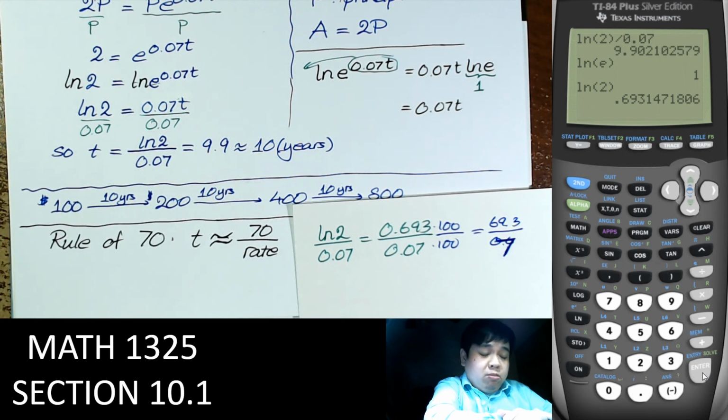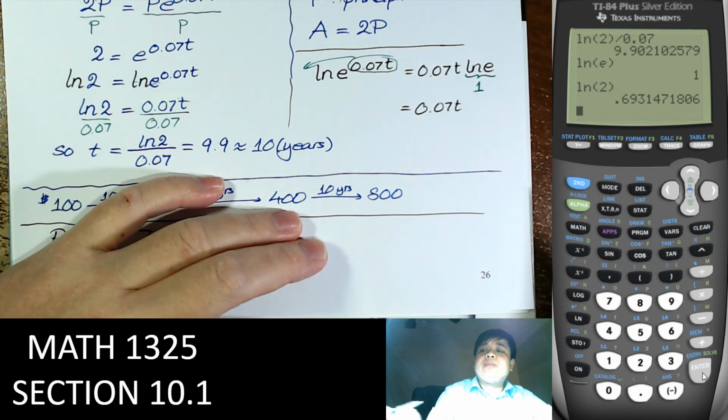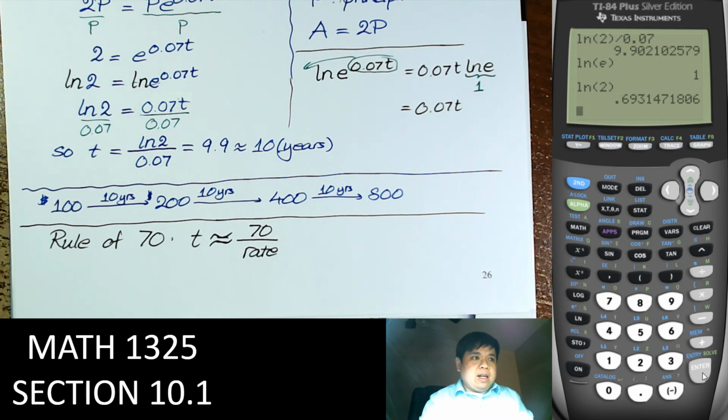So that's what this rule is for. So the time to double an investment is 70 divided by the rate. The rate is not in decimal, the rate is just whatever it is, like 7%, we're going to take the 7. So if the interest rate is 10%, the time to double an investment would be 70 divided by 10. That would be 7 years.